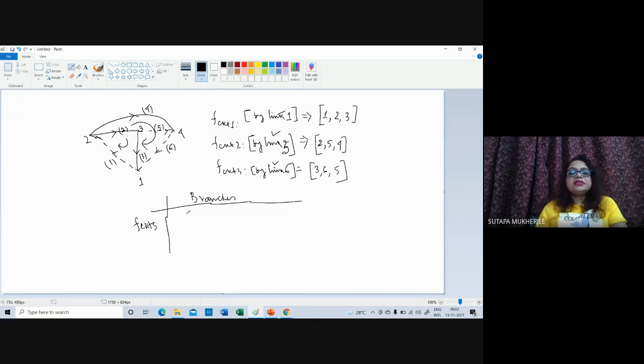So how many branches are here? 1, 2, 3, 4, 5, 6 branches are here. Now, number 1 link, that is 1, after that 5, after that 6.